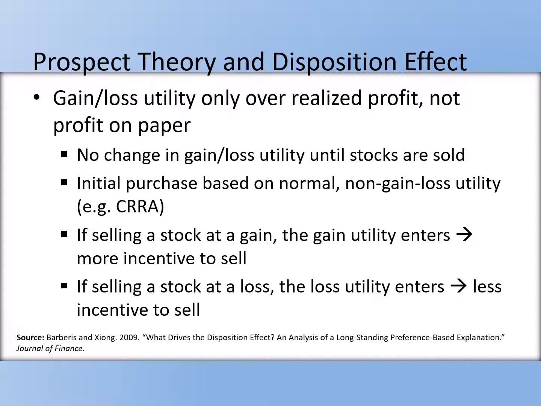So this solves the problem because now you don't need a particularly high return to induce the investor to invest. All you need is that the return is high enough such that he would invest under a CRRA utility. Now, under CRRA utility, you pretty much always invest in something.